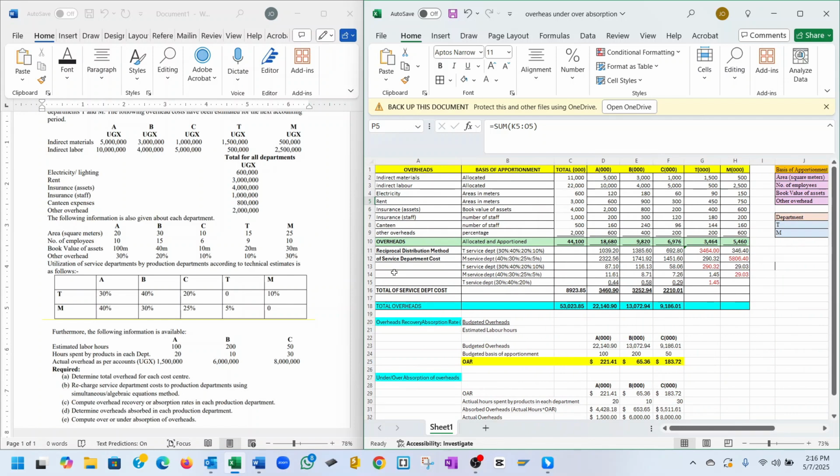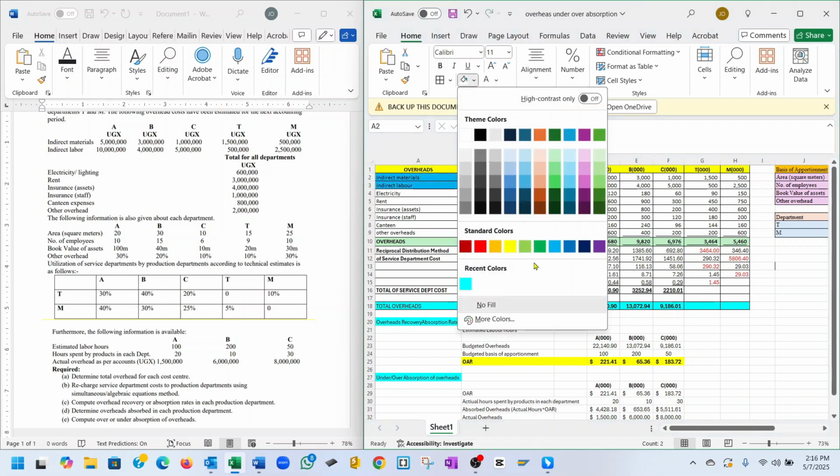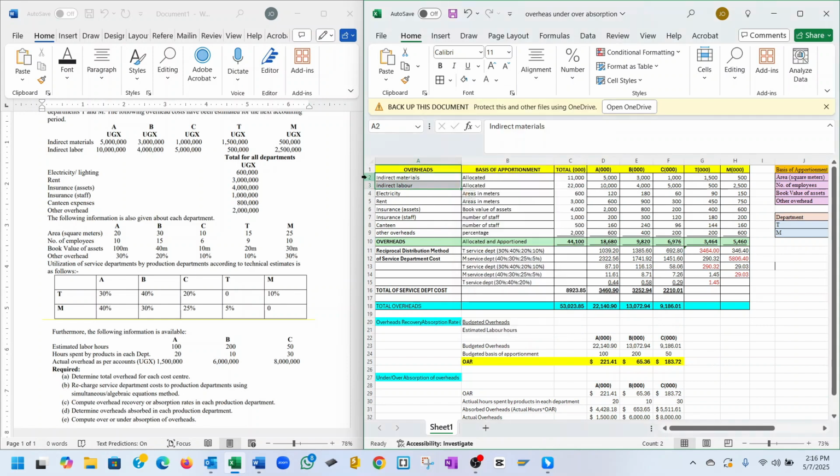Okay, so that is basically what you're going to do. So we have the allocated, which is this one. We have the allocated indirect material. So then the unallocated are here.